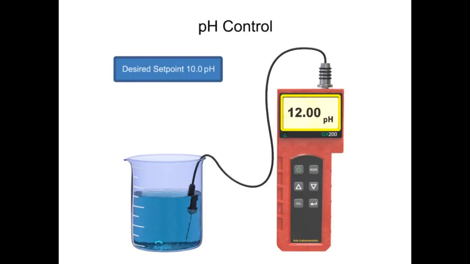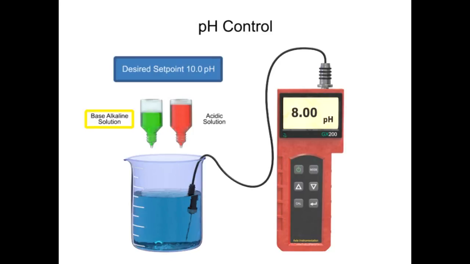If the pH is not at the desired set point, a reagent is applied to the solution. When a high alkaline level is detected in the solution, an acid is added to decrease the pH level.